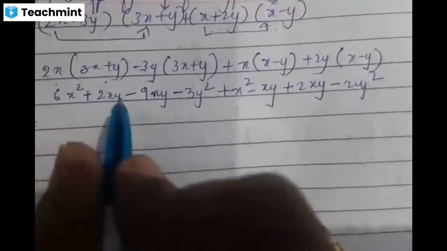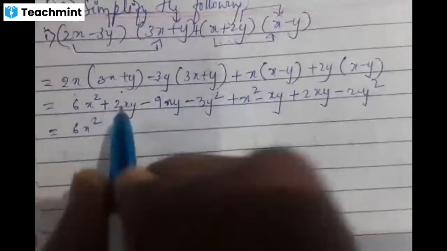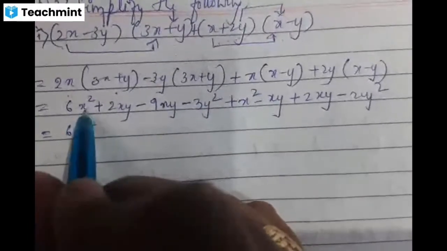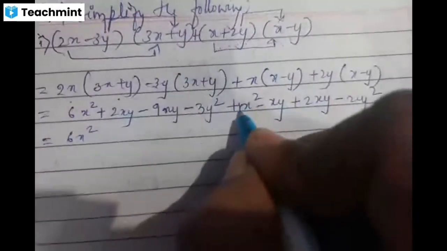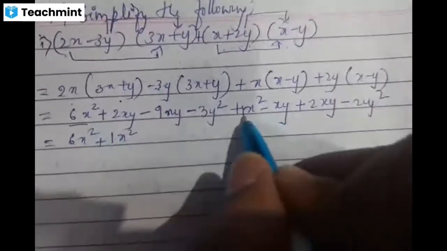Find out any like terms if you have, children. Here you have to be very careful because many x square and xy terms are there. You have to consider them serially. First one is 6x square. Do you have any like terms? Check and write them down immediately after it. That is 6x square and 1x square.